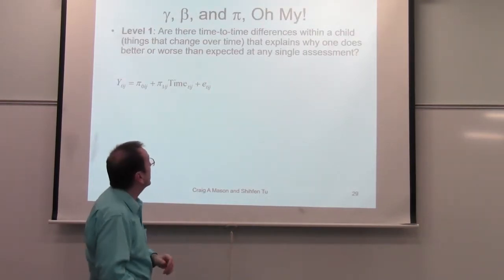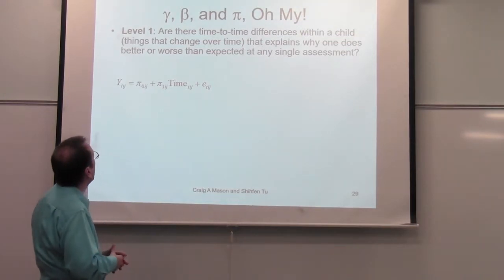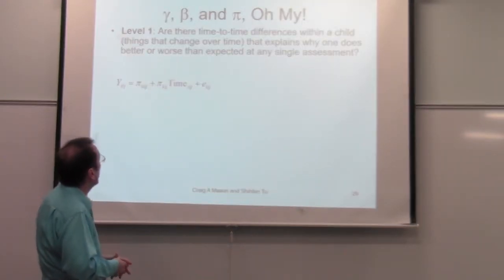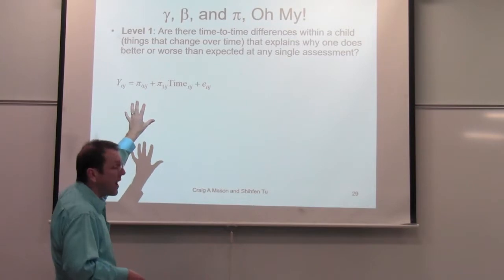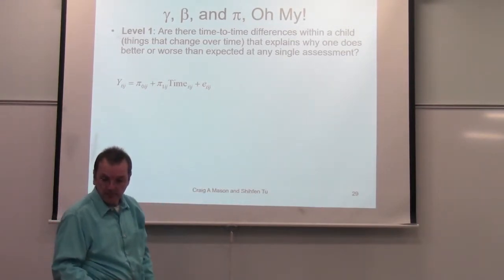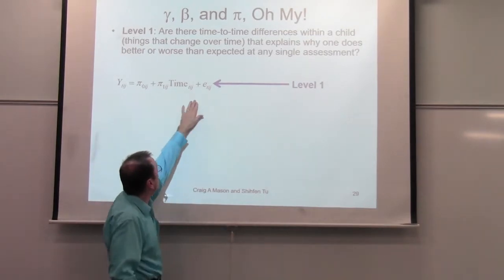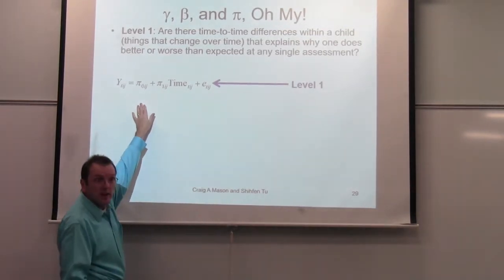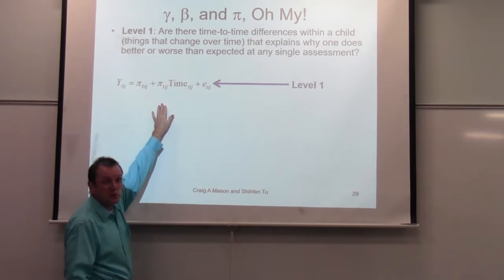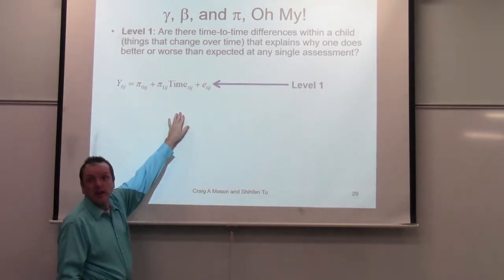So we're back to the gamma, beta, pi, oh my. We start with our level 1 model. And actually, we can call this right here our level 1 model. Now notice there's lots of subscripts.